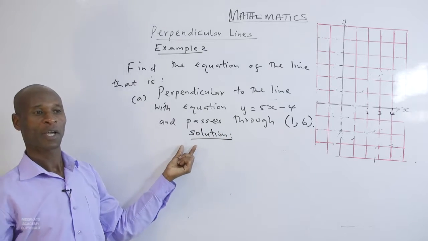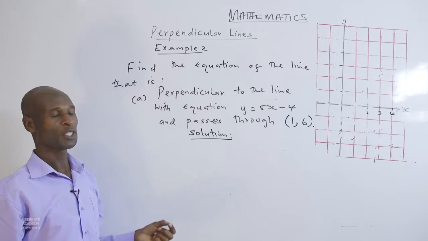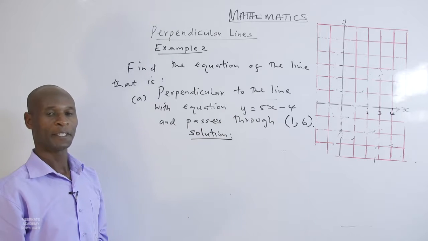So let us look at how we can find the equation of a line which is perpendicular to the given line.